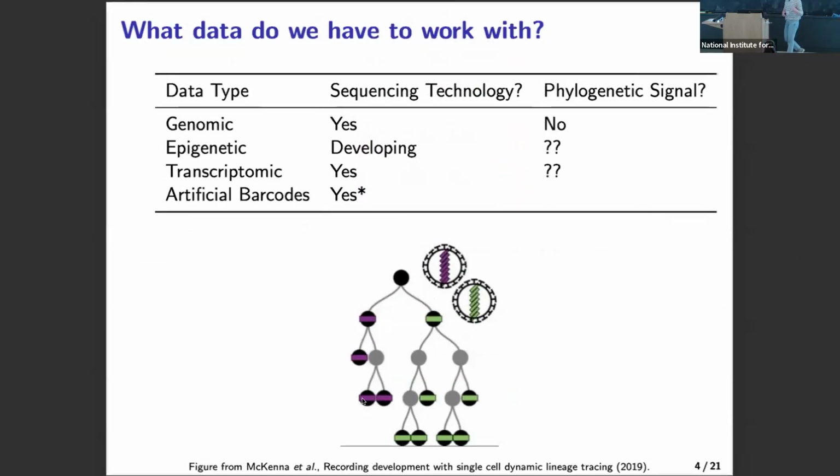So this is just one example of an early barcoding technology. I have an asterisk next to the yes here, because while these data do exist, they're not super commonplace. There's not many labs that are able to actually generate these data, although it does have very high quality phylogenetic signal. And this is typically going to be our ground truth data in this field.